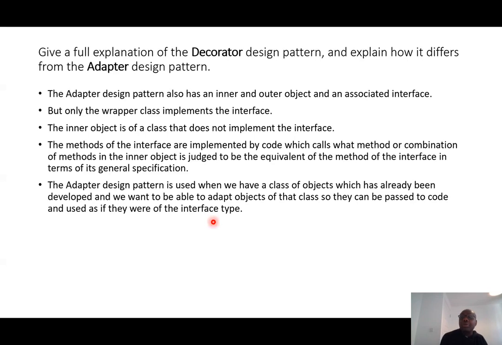But we need to adapt them. Like I said, they are coming to a different environment. They've been developed already. When they were developed, they were not developed with that interface in mind. But now we want to bring them because we want some functionalities in them. And so we need them to adapt to our own interface.